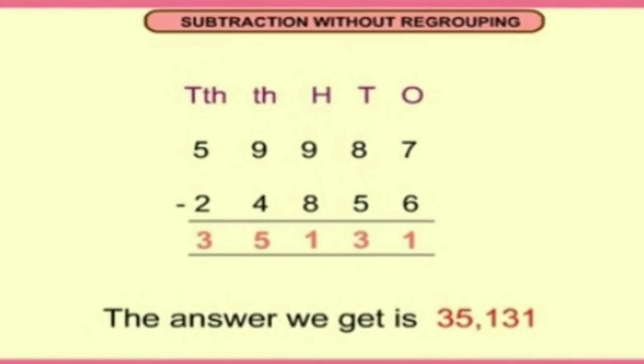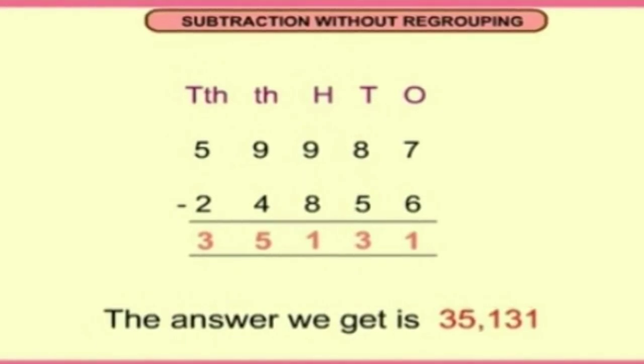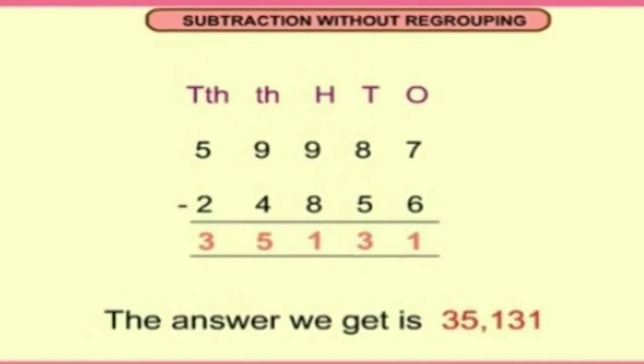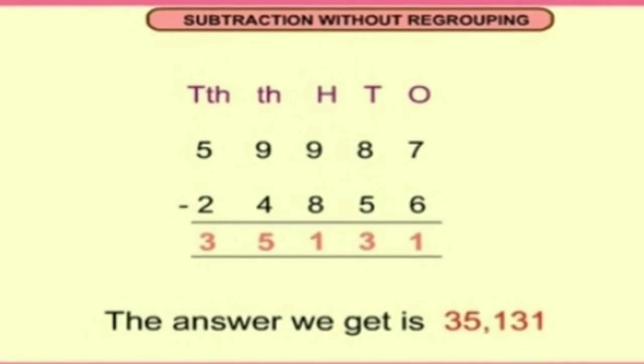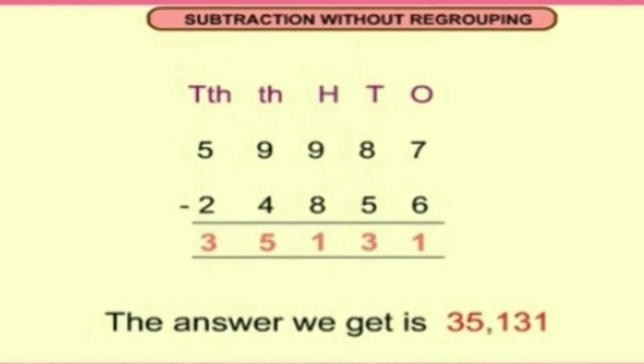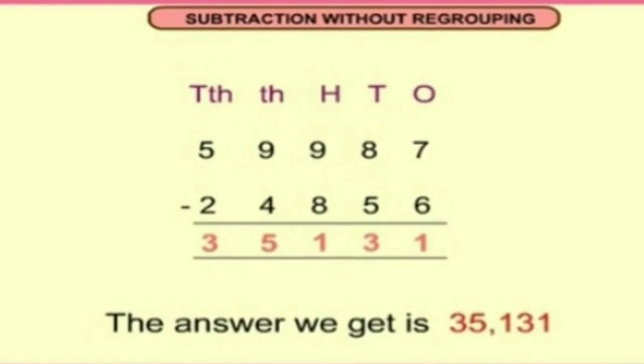So what have you observed in this? You have observed that here the minuend is 59,987, whereas the subtrahend is 24,856. So the minuend is greater than the subtrahend. That's why we need not regroup the digits and we carry out the simpler subtraction. So this is the method of doing subtraction without regrouping.